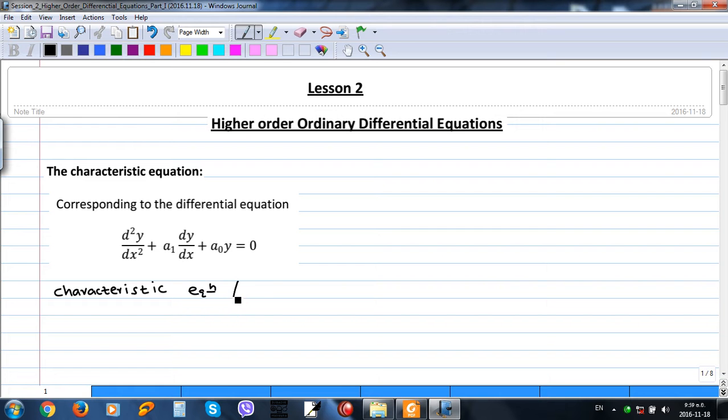It is also called an algebraic equation or auxiliary equation.